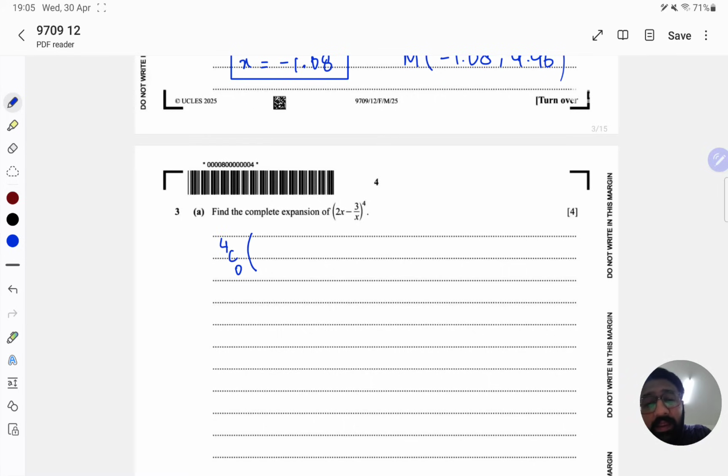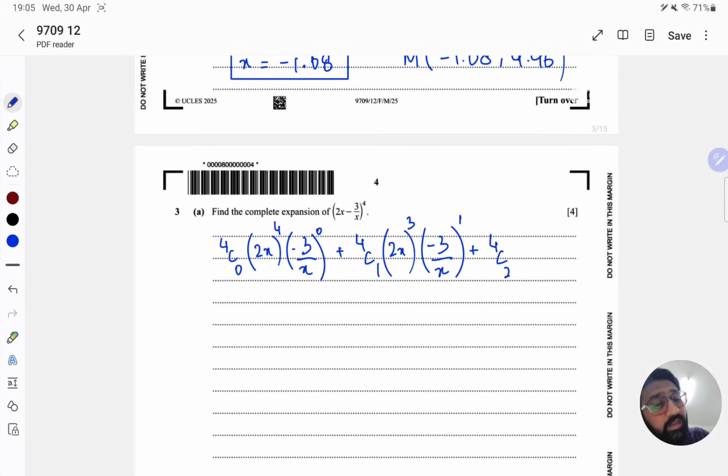So 4C0 bracket 2x power 4, bracket minus 3 over x whole power 0, plus 4C1 bracket 2x power 3 and minus 3 over x whole power 1, plus 4C2 bracket 2x to the power of 2, bracket minus 3 over x to the power of 2.